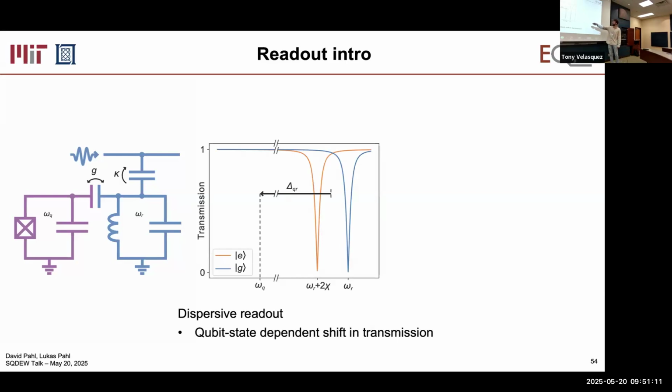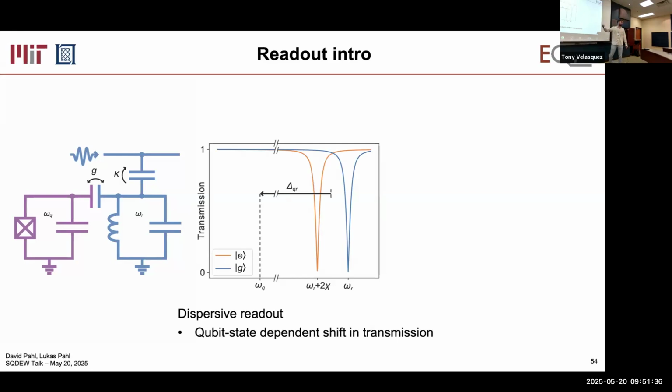I'm showing here though how that resonance shifts depending on the qubit state, right? Now, if we center a drive, for instance, between these two or on one of these dips, in this case, that looks like a good idea, then there will be no signal going out if your qubit is in ground, and there's a lot of signal going out if your qubit is in the excited state.